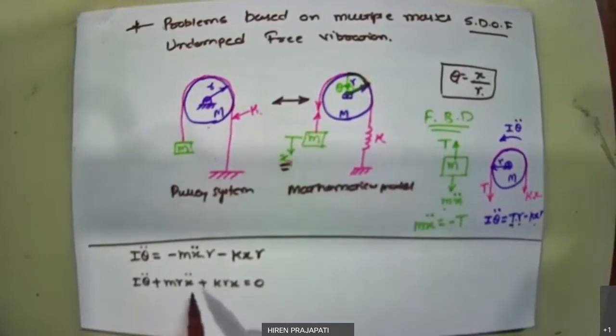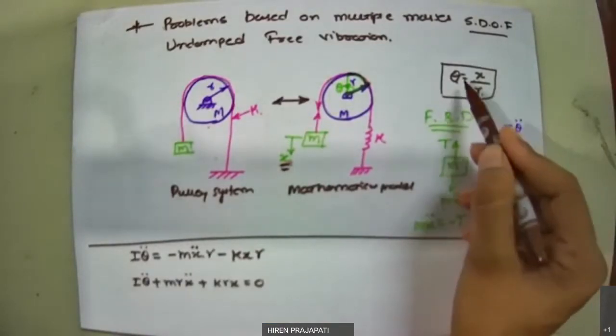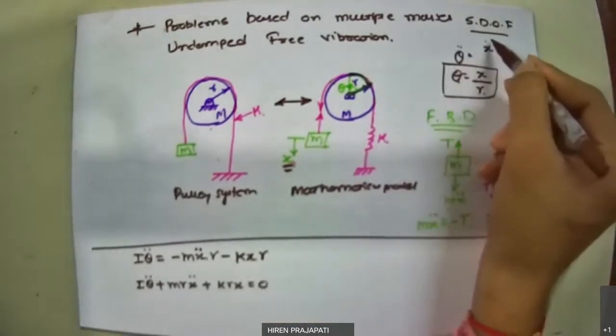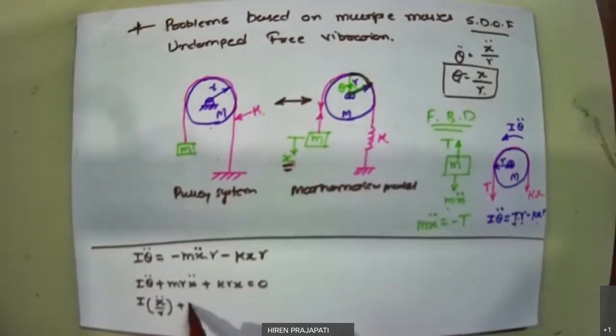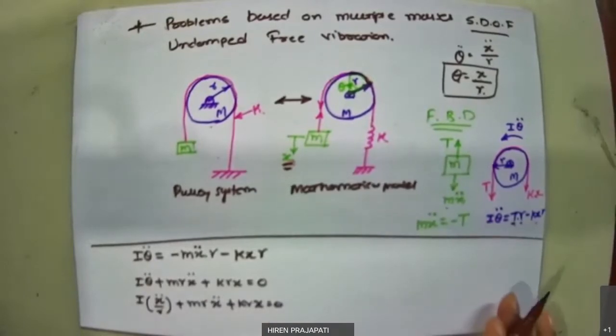So suppose we want to represent this entire system by linear coordinate, not the rotating coordinate, then theta is to be replaced by x by r as per this equation. So theta double dot can be represented by x double dot by r. So I'm doing the same thing here. I theta double dot is I times x double dot by r, right? Plus mr x double dot plus kr x is equal to 0, right?